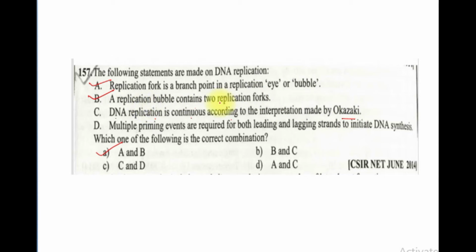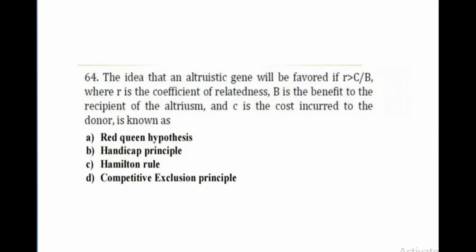No, it is discontinuous. Here, instead of continuous it should be discontinuous. So as our third option is incorrect, we can eliminate this. If we know only about the Okazaki fragment also, we can solve this question because the C option is present in all the options except one, that is the first option, which is our answer. Now let us see the next question.